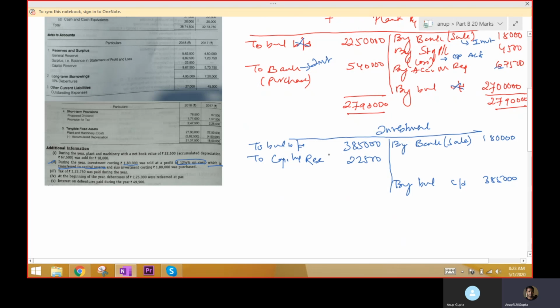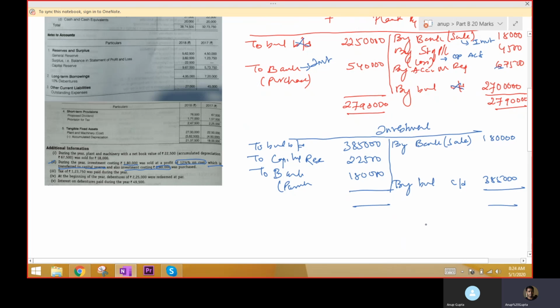Okay, done. Now they also purchase an investment worth 1,80,000. So in the bank, purchase 1,80,000. I guess the account will be automatically balanced. There will be no balancing figure.